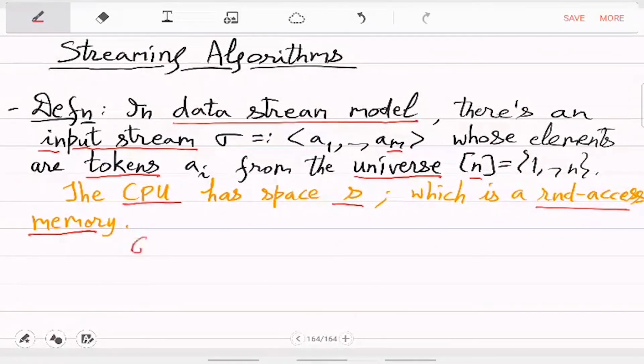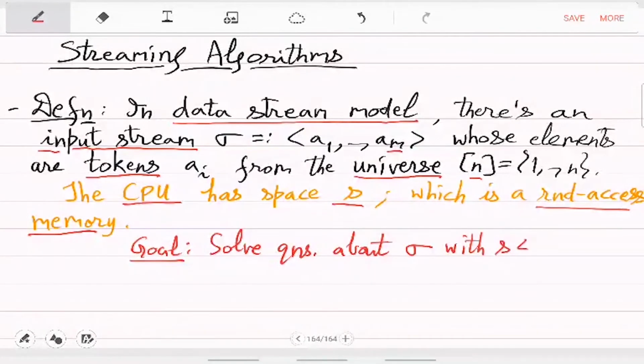And the goal is to solve questions about sigma with S less than or equal to log of m and n. In logarithmic space essentially you have to solve questions about the stream.